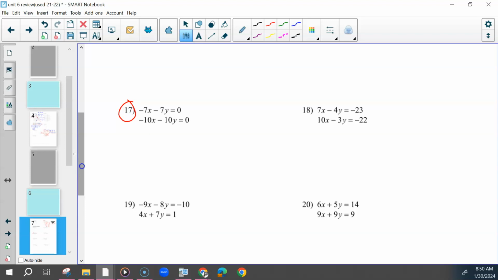So you need to figure out, are we eliminating x or y? It does not matter. Which one do we want to eliminate? X. Okay. So then, in order to make these the same, I have to multiply them both by something. What could I multiply the first one by to make them the same?